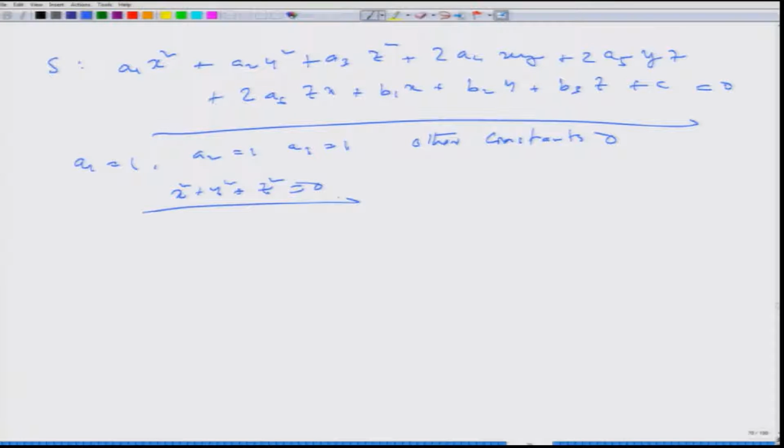This is not a surface, this is just the origin. Similarly, if you take just A1 equal to A2 equal to 1, other constants 0, you will get x² + y² = 0. This is not a surface in R3, right. This is just a pair of straight lines.